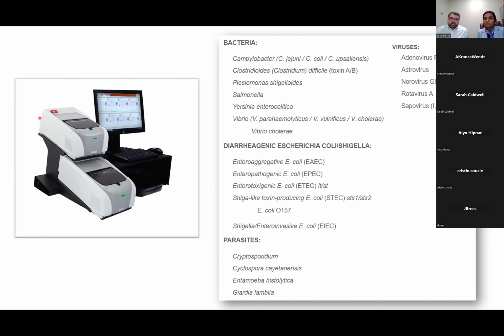So it's hard to know sometimes, because you'll have a couple of things that are positive, and then the question is, which one is clinically relevant, which one is causing a problem. And the worrisome thing here is it was testing for toxin A C. diff, which doesn't cause pathogenic C. diff. So it was picking up all the toxin A. So that was also a problem.